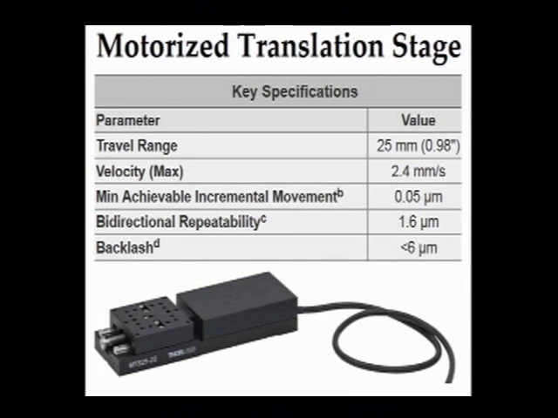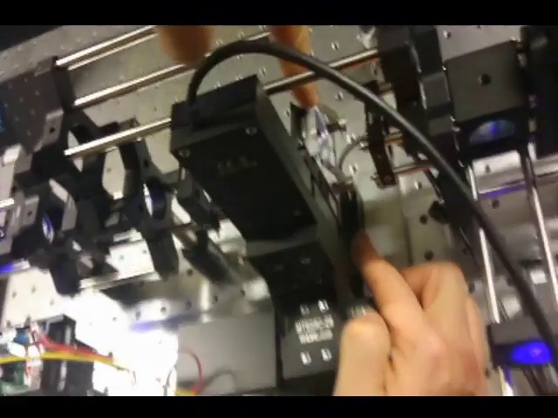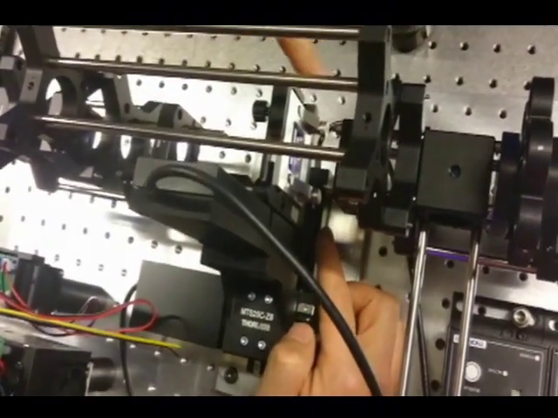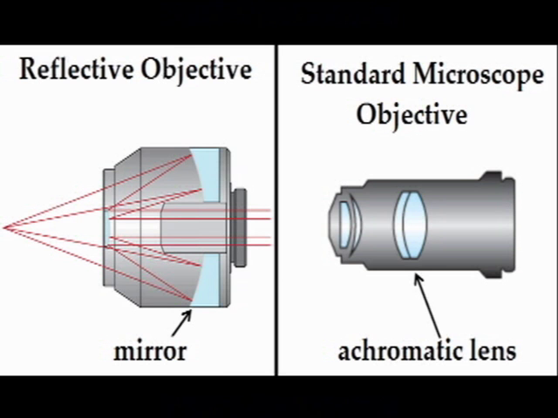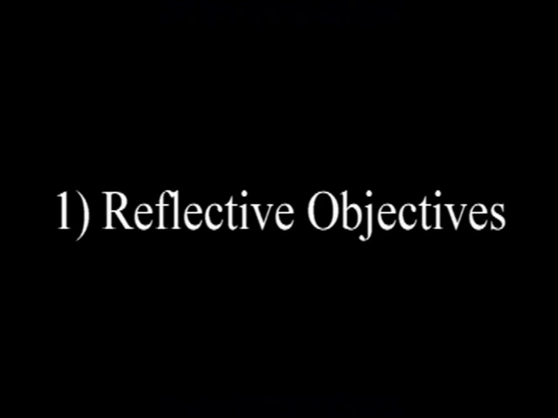Those micrometric stages have 25 millimeters travel range with 0.05 microns resolution, the shortest displacement you can do. Then you can mount different objectives: reflective objectives that are made of mirrors, or standard microscope objectives made of successive achromatic lenses.